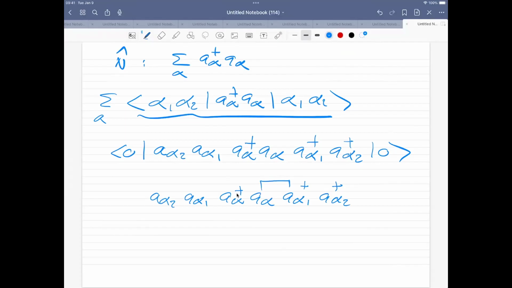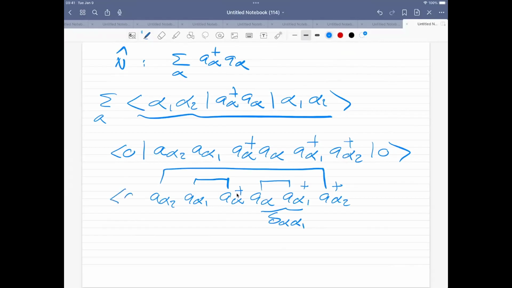Because if alpha is equal to alpha 1, it cannot be equal to alpha 2. So that means that the only other possibility here is that one. And then we have this guy here, okay? Because alpha, due to the Kronecker deltas, this gives me delta alpha 1.